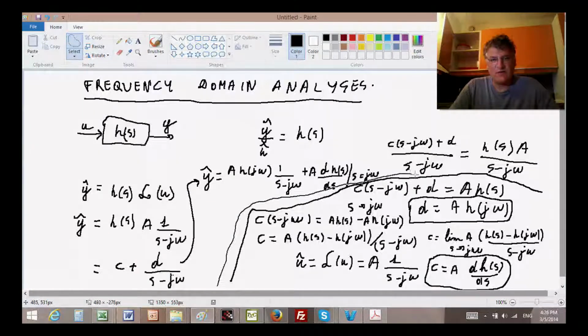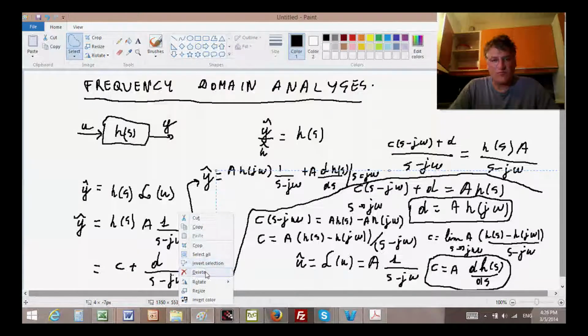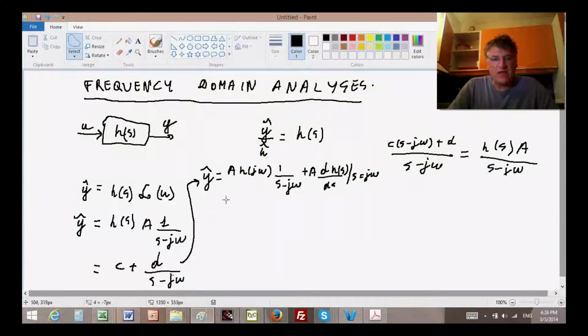I will take this formula again. And I can invert it. Okay, so I can take the inverse Laplace transform of this guy.